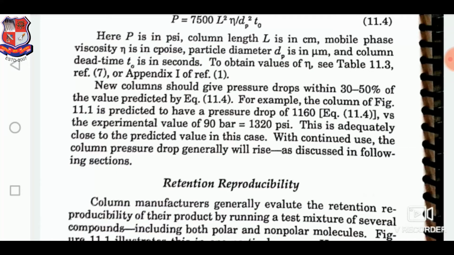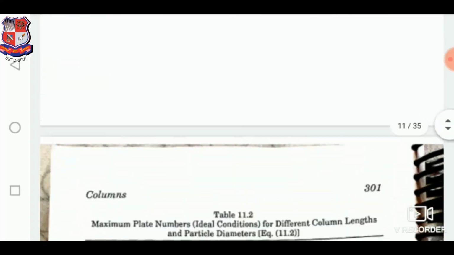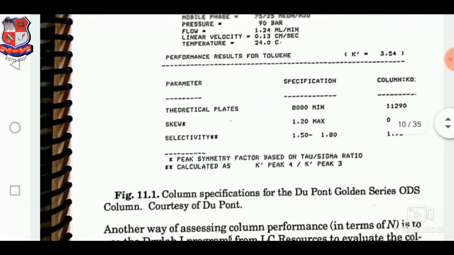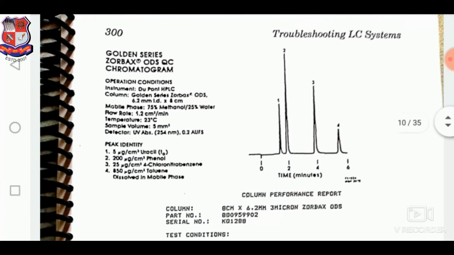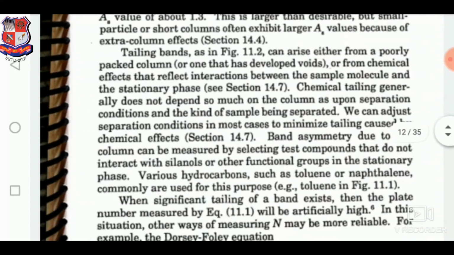For example, the column that we have seen here, figure 11.1, is the Zorbax ODS octadecylsilane column.